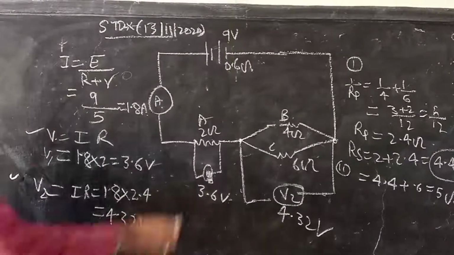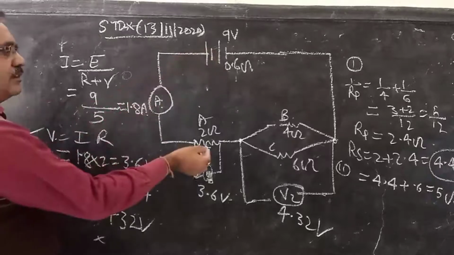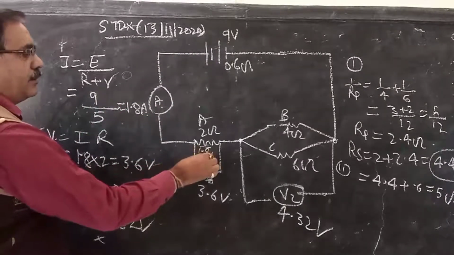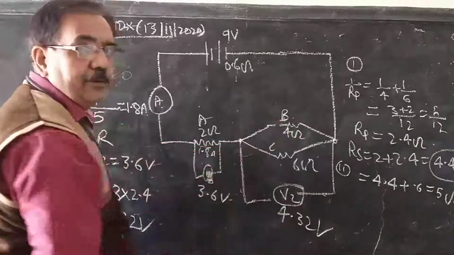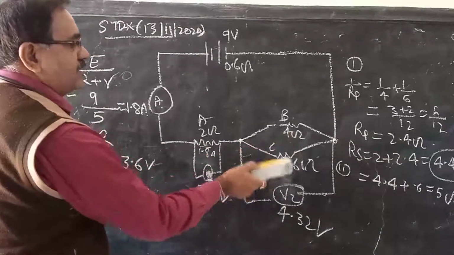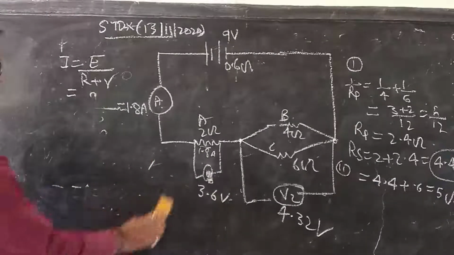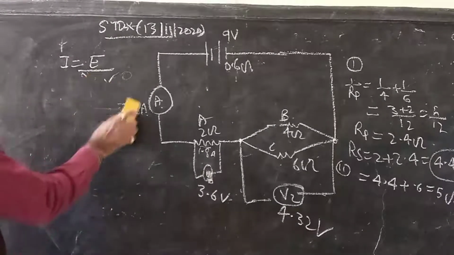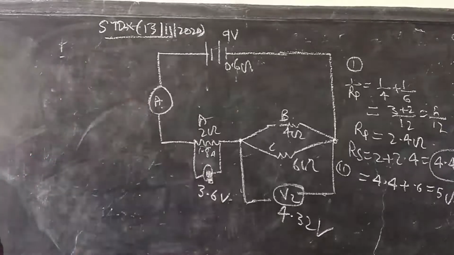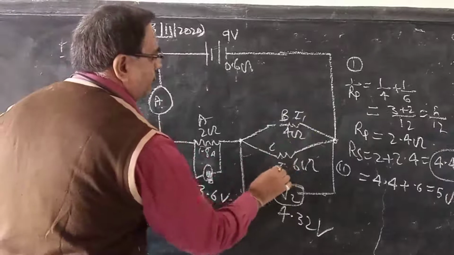Now, how much current flows here? What current flows from the cell? This much, 1.8 ampere. But here it will be different because the path is different. So how much current in 4 and 6, that you have to find. So suppose I1 current flows here and I2 current flows here.